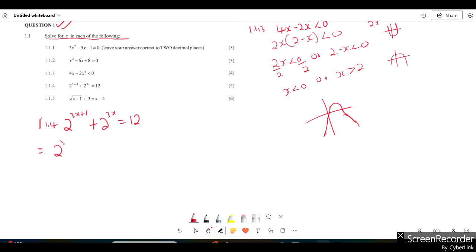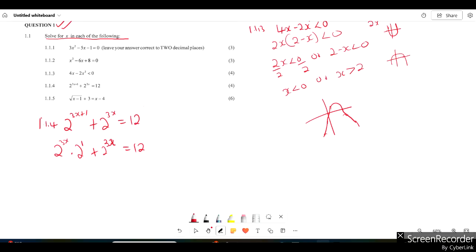So it's 2 to the exponent of 3x times 2 to the exponent of 1, plus 2 to the exponent of 3x, equals 12. I'm going to take out the common factor, which must be in both terms.